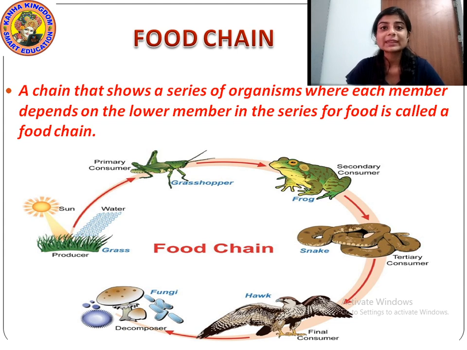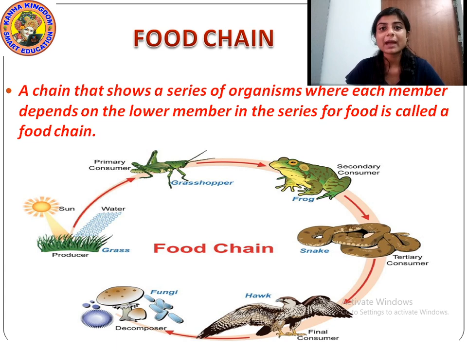And when these hawks die, they are decomposed or eaten by the microorganisms like fungus, bacteria. These are the microorganisms which decompose the dead body of these higher class animals. This is how the food chain occurs.